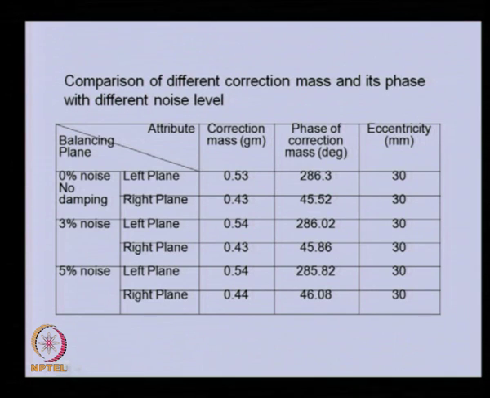So, then we estimated for all these cases the correction mass in the left plane, not only the magnitude, also the phase. Eccentricity is the same for all. So, you can see this is the estimation for 0 noise. When we are adding the noise, slight changes in the estimations are there, but not much.